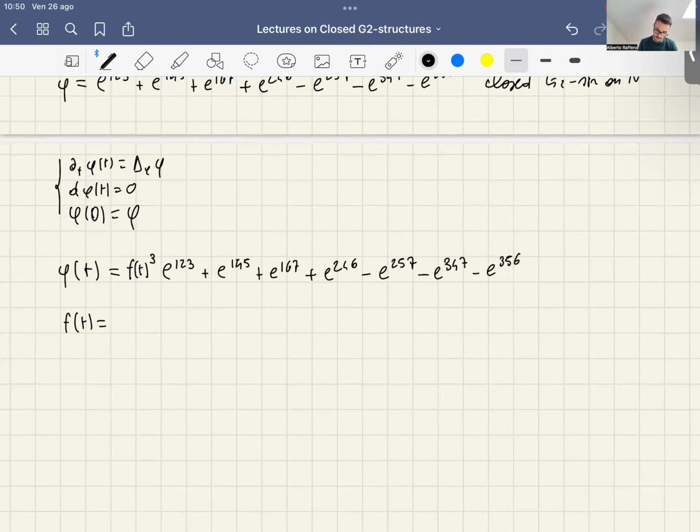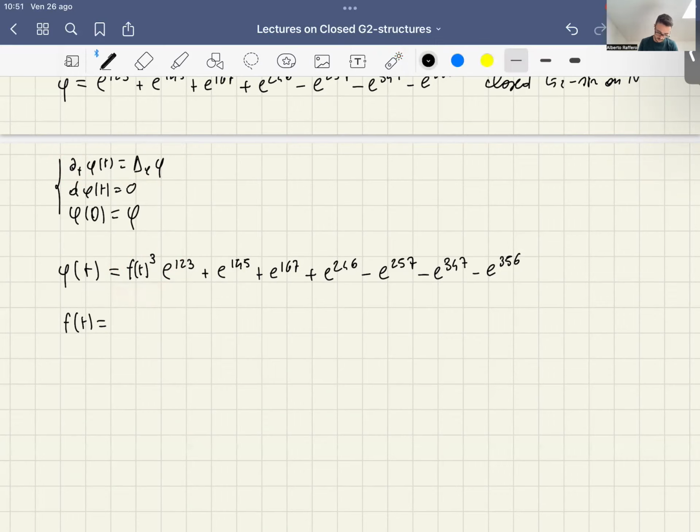So you can just, starting from this, consider the metric induced by this three-form, compute its Hodge dual, and determine the expression of the intrinsic torsion form τ. And then at the end of the day, see that this equation here is equivalent to an ODE for this function here, that, by the way, has to be equal to 1 at time 0.